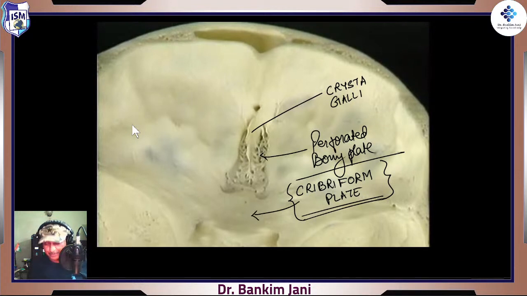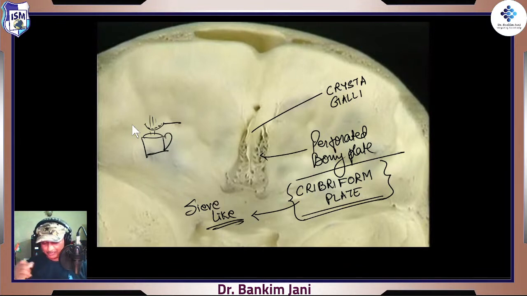Cribriform means it is sieve-like, right? What is sieve? Sieve is the chalni, that when we make tea, here is our cup, and then we put the chai from top. So it is this chalni that is dotted. That is the cribriform plate.